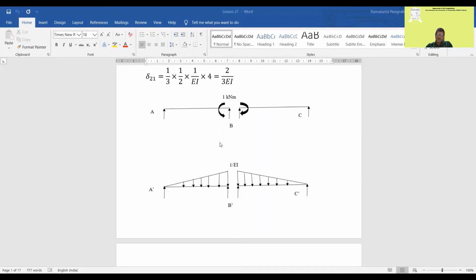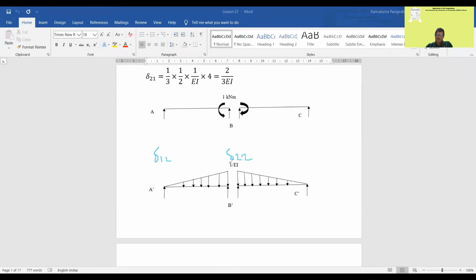What is the rotation at A dash and the rotation at B dash? The rotation at B dash will be equal to delta 2,2, and here the rotation will be equal to delta 1,2.